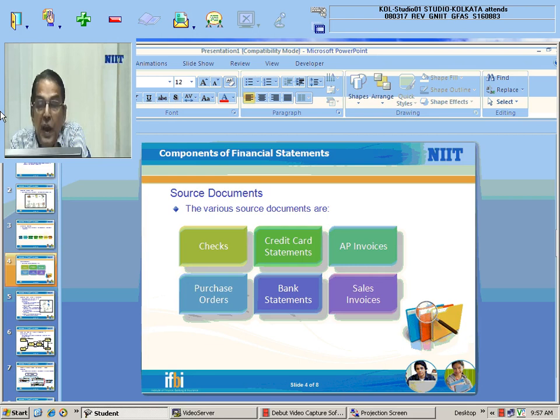AP invoice means account payable invoice. AP stands for account payable. Please get used to some of the abbreviations. AR means account receivable. So whenever you come across the word AP or AR in accountancy, please understand the meaning as account payable or account receivable.